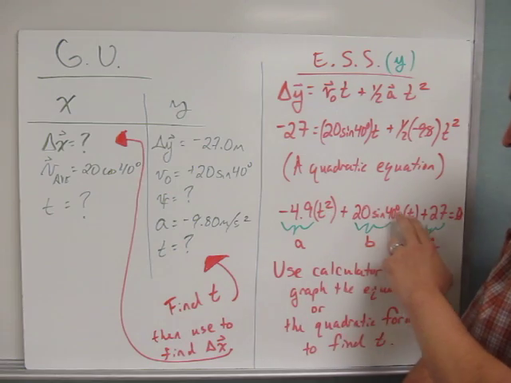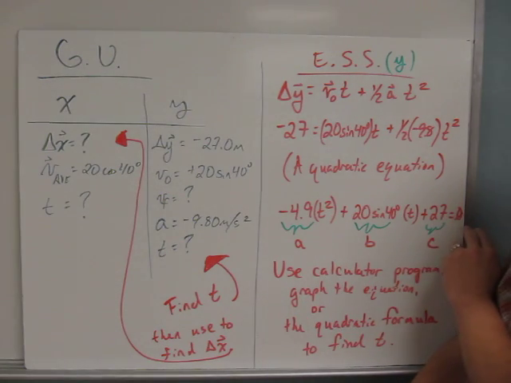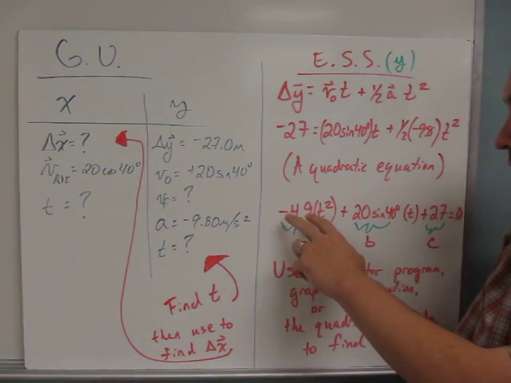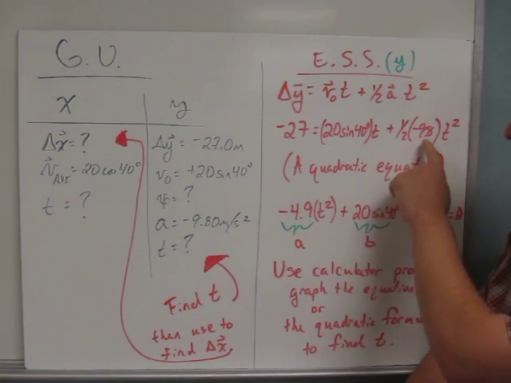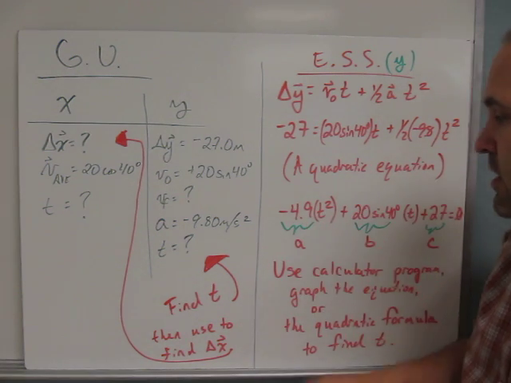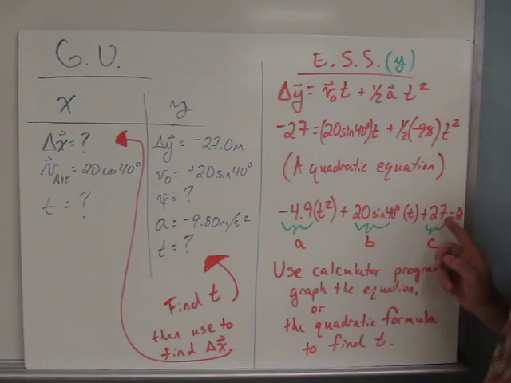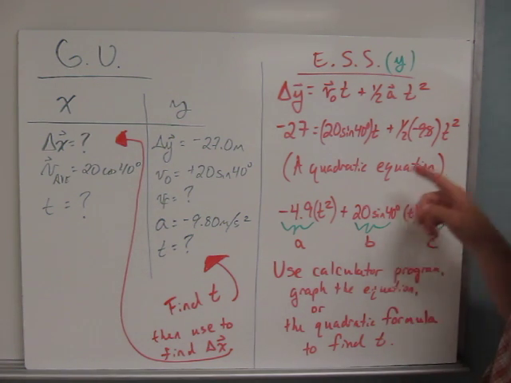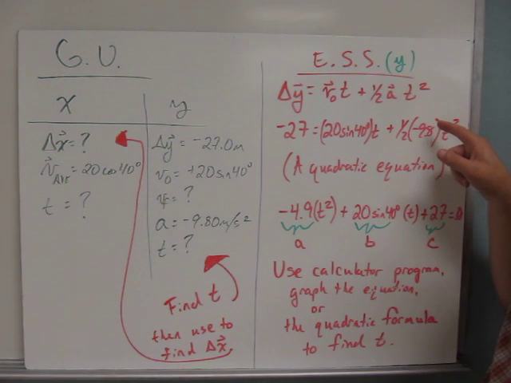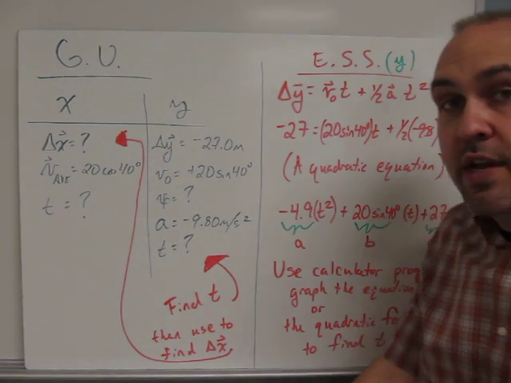So t squared, t, no t, equals 0. And then I simplified things. So the coefficient on the t squared is negative 4.9. The coefficient on the t term is 20 sine 40. And the constant there is positive 27. It's positive 27 when I move it back over to the other side. And that equals 0.